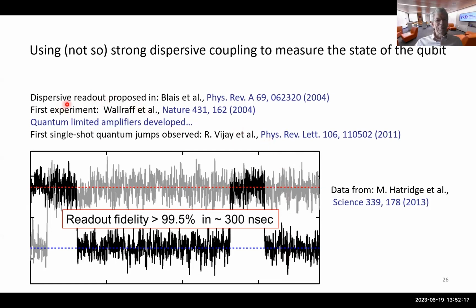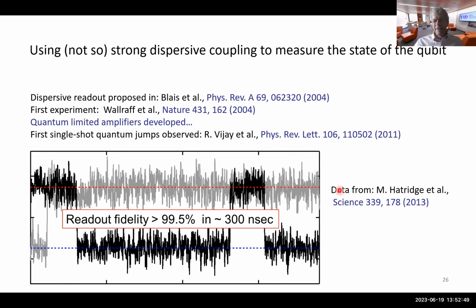The idea of dispersive readout was first proposed in this theory paper that we did in 2004. Then Rob's group did the experiment, also 2004. Then various people contributed the invention of quantum limited amplifiers. And then the Siddiqi group was able to see single quantum jumps when the qubit changed state.